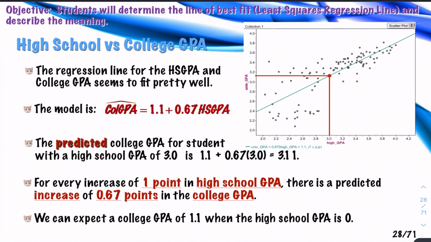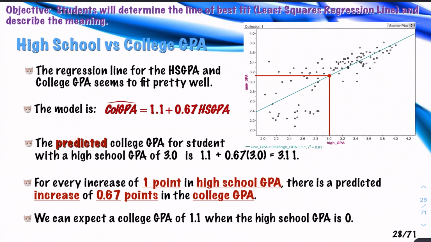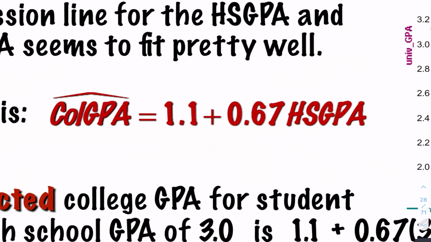Okay, let's go back. If you recall, our high school versus college GPA. We had our scatter plot. We saw it was a moderately strong positive linear relationship with no meaningful outliers that we could see. When we describe this model in terms of its linear relationship, we would have college GPA hat, or that's our model, is equal to 1.1 plus 0.67 high school GPA.